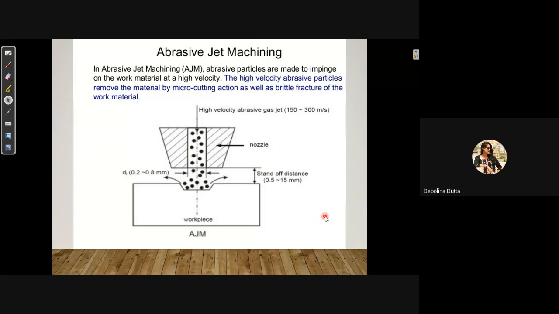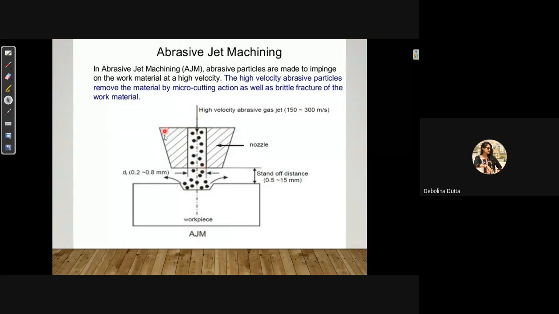Okay, so let's just talk about this particular process first. If I talk about the process, it is a very simple process. So as you can see, these abrasive particles are issued from this particular nozzle. This is the nozzle.